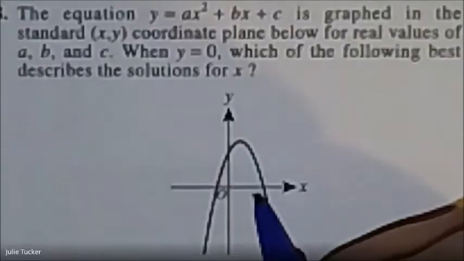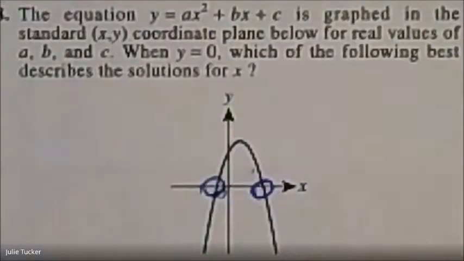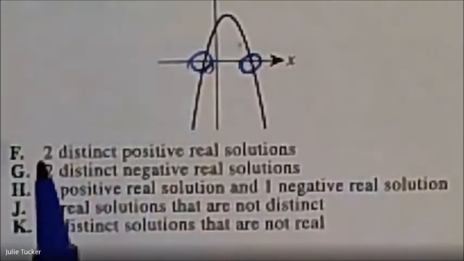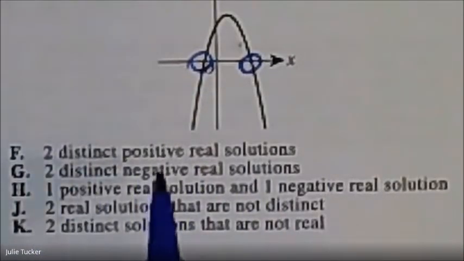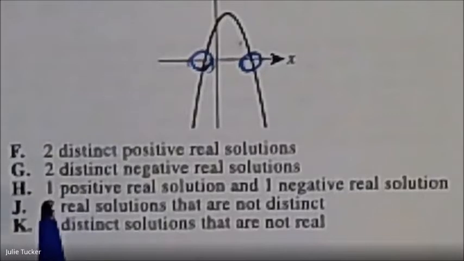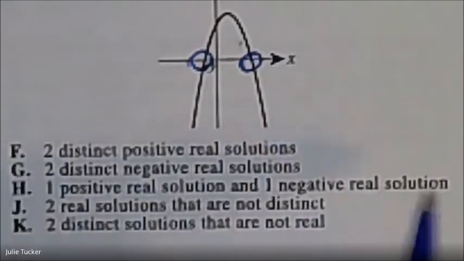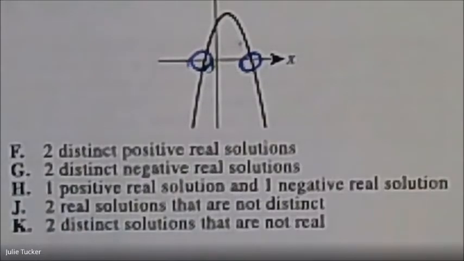So you remember the solutions are just the x-intercepts right there and right there. Okay, so here are their choices. They're saying describe these 2 solutions. 2 distinct positive real solutions, 2 distinct negative real solutions, 1 positive real and 1 negative real, 2 real that are not distinct, 2 distinct that are not real.